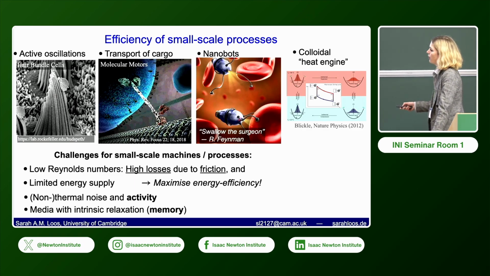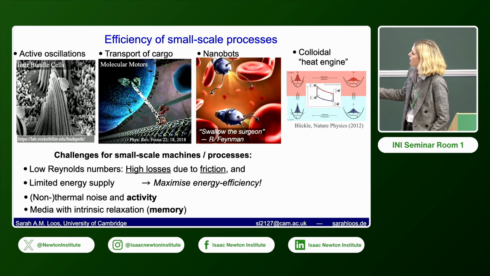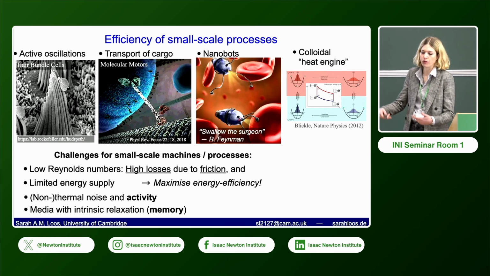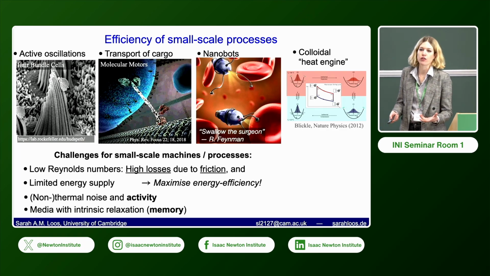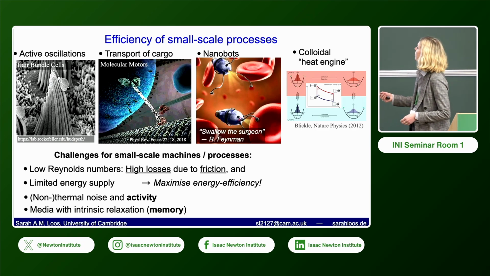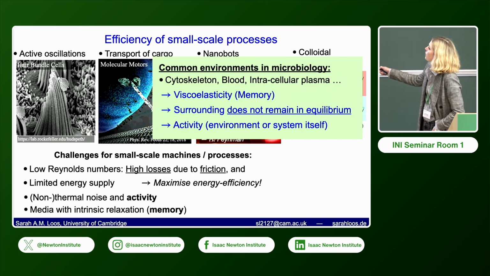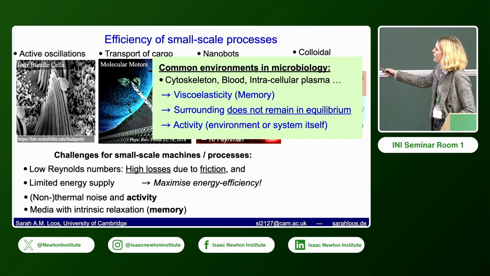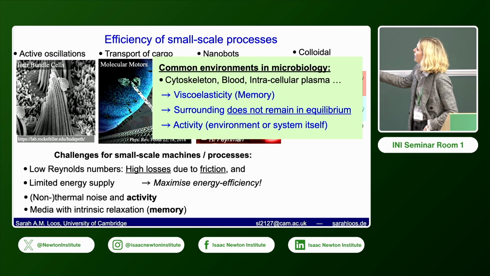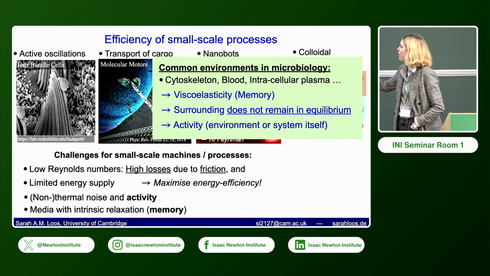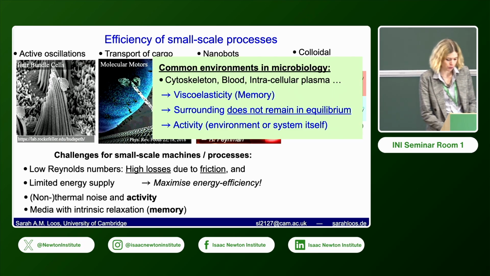And another thing is that the media in such biological systems like molecular motors, for example, are very often not just purely viscous fluids, but they have some intrinsic correlations, some intrinsic relaxation processes giving rise to memory effects. So this could be because you have a cytoskeleton as your environment, blood or intracellular plasma, and so on. So if you have viscoelasticity or any kind of memory, that means that your surrounding does not remain in equilibrium. And as I also said, sometimes the environment would be active itself. So that's also clearly out of equilibrium.